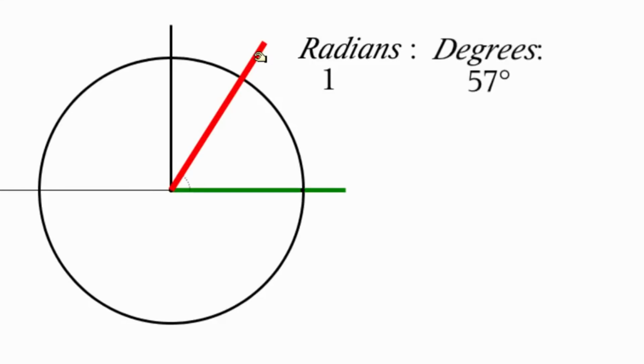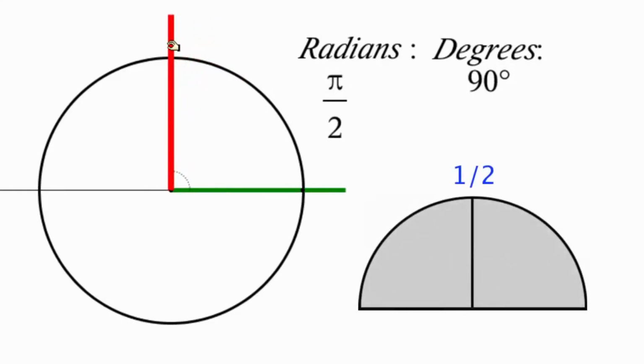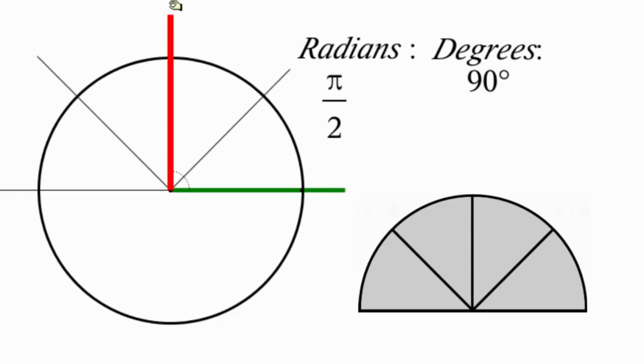So there we go. We see this is 57 degrees, and that is the same thing as 1 radian. Alright, well, it might not seem very natural and they don't quite go together, but let's just move this around here and we'll see where the logical matchups are. Right here, at exactly the halfway point on the way to 1 complete pi radian, this is pi over 2 radians, and that's 90 degrees.